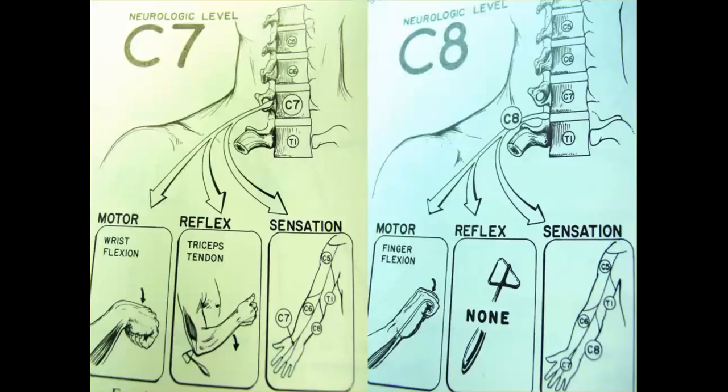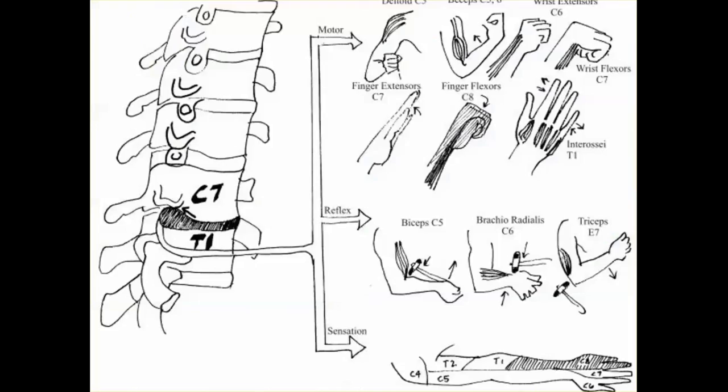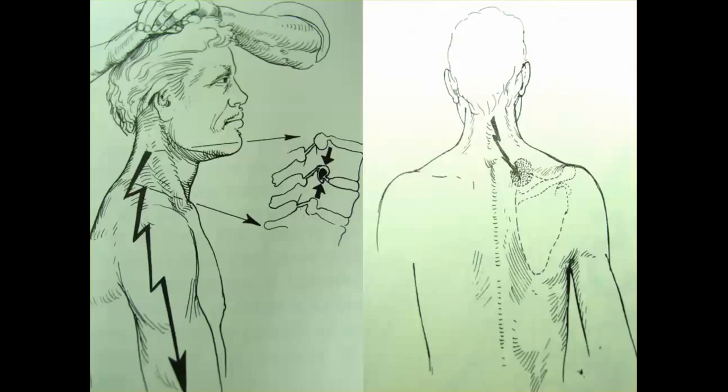And C8 is intrinsics of the hand, gives you flexion of the fingers, and usually it's the fifth and fourth finger on the nerve distribution. That's C7, C8. And the other thing is these patients very commonly say they have scapular pain, and the cervical spine radiates to the scapula. Discs and facets radiate to the scapula.